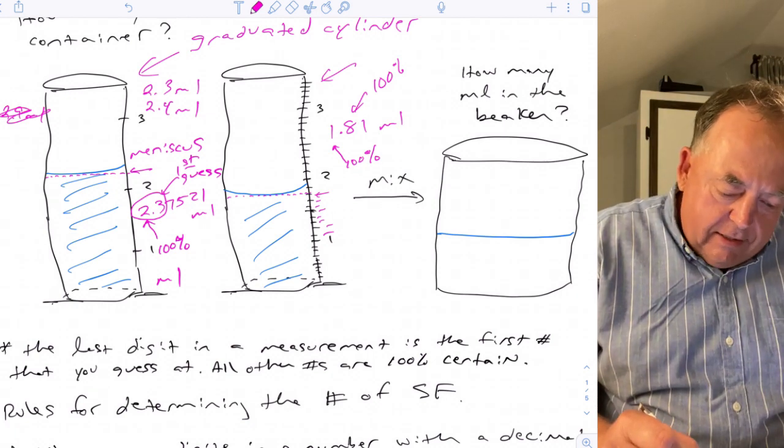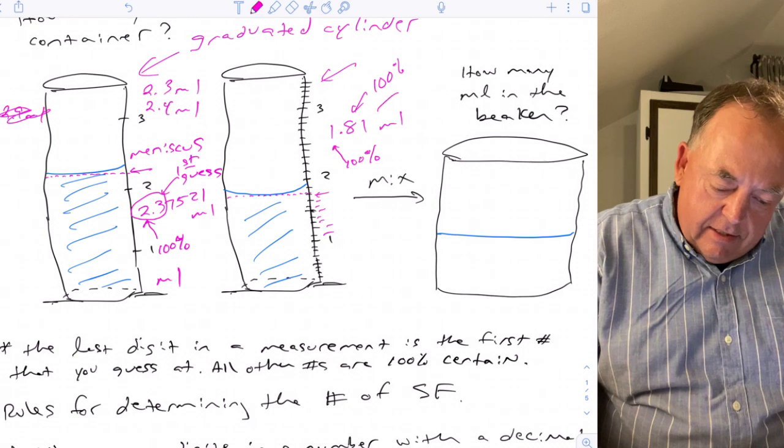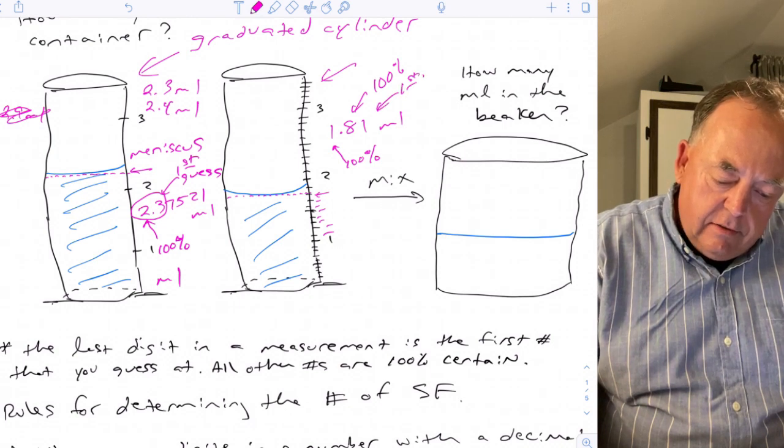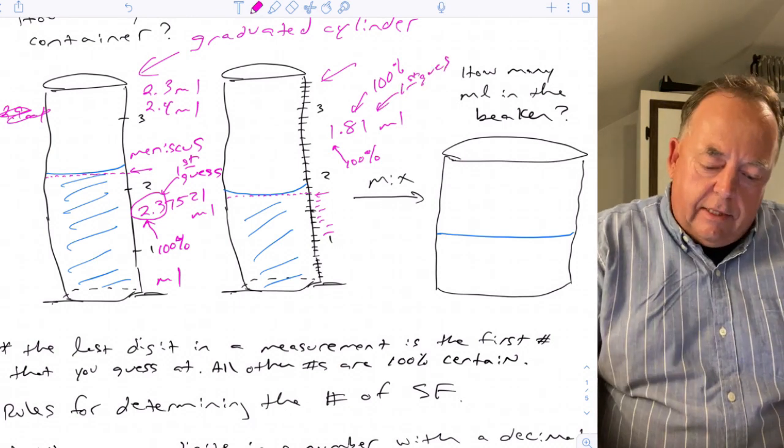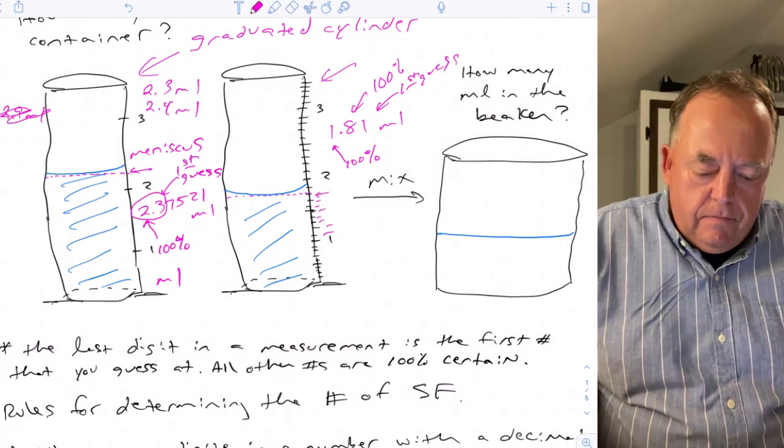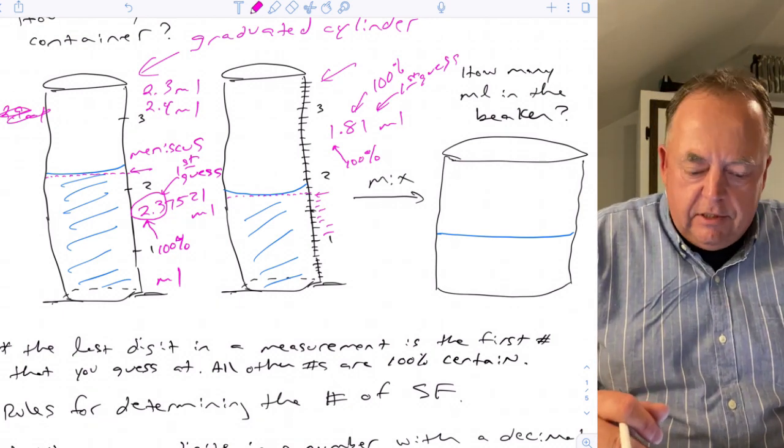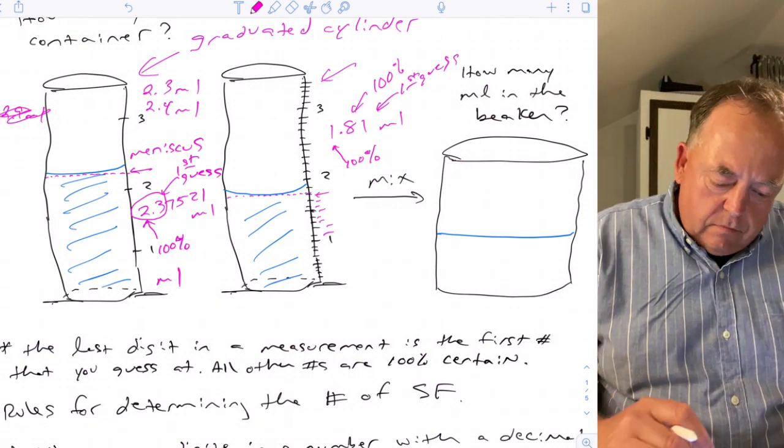So 1.8, 100% confident in the 8. The next number is our first guess. So that's how many digits we could have in this number. We could go to 2 decimal places in this case.